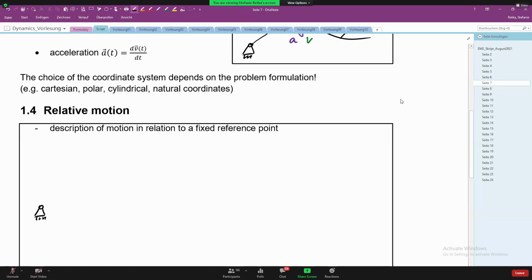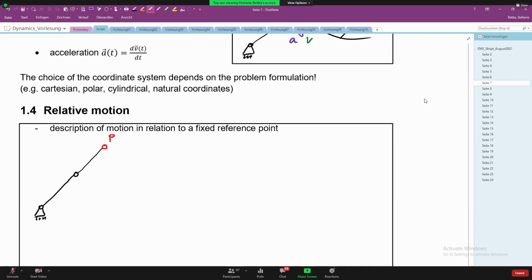So this is rod number 1, our joint, and rod number 2. And we want to describe the motion of this point here. Now, both rods are rotating about the joint.